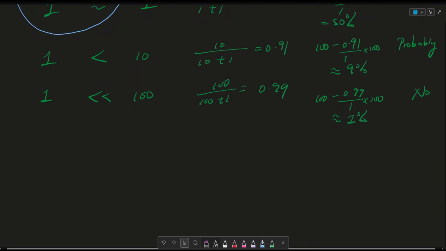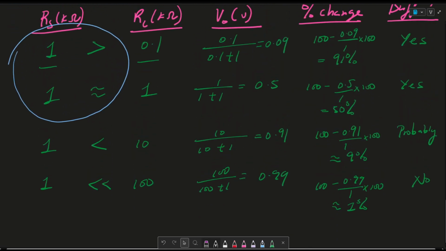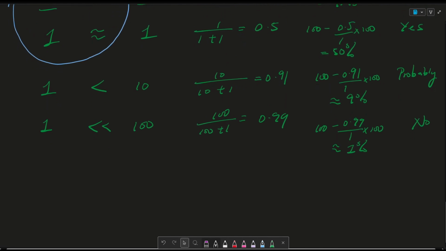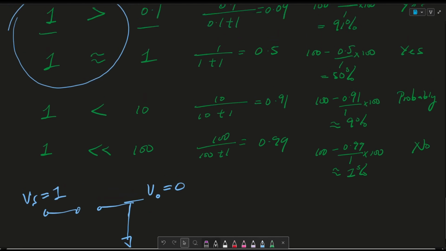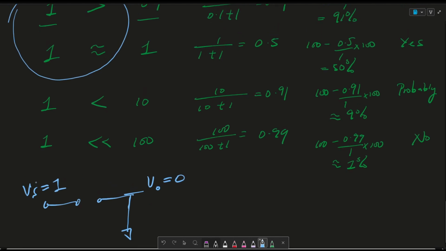And what I'm going to do is rewrite that and make RS extremely big, almost like an open circuit, and make RL even just a closed circuit. So this is VS and this is VO. As you can see, if RS is equal to 1, VO is equal to 0. So 100% of my VS is lost, right?